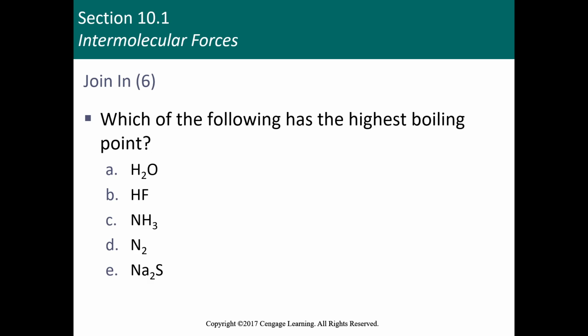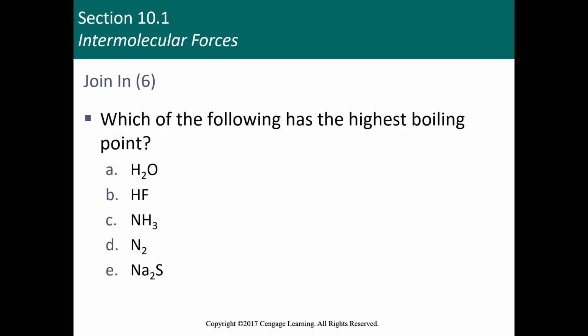Which of the following has the highest boiling point? So again, we sort of go through the order, and what we're looking at is these all have intermolecular interactions. In these cases, they're hydrogen bonds actually, so they're fairly strong. But down here, we actually have something that has intramolecular interactions, which are usually on the order of 10 to 100 times stronger.